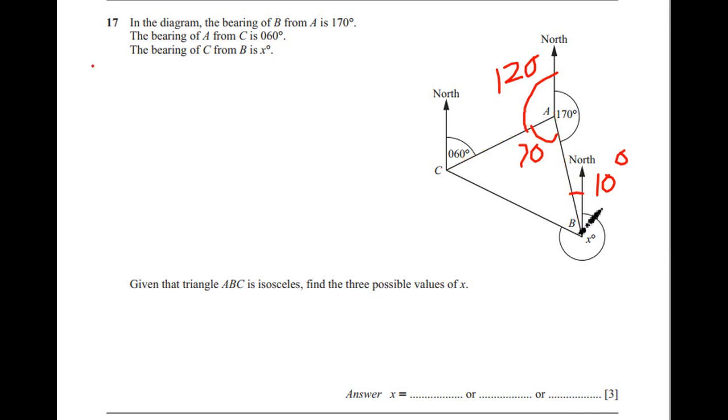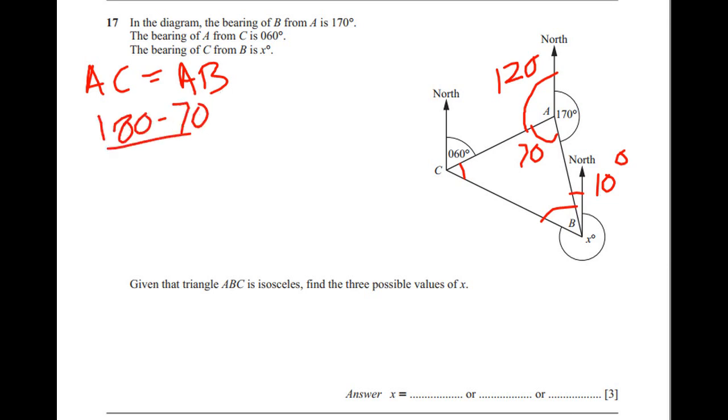So when AC is equal to AB, then these 2 lines are equal. So that means this angle and this angle would be equal. So that would be 180 minus 70 divided by 2, which gives us 55 degrees.